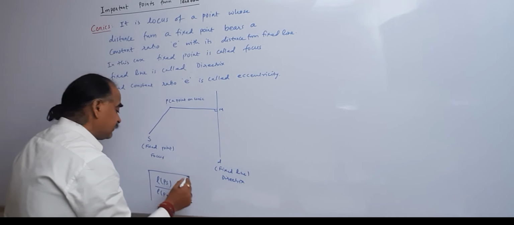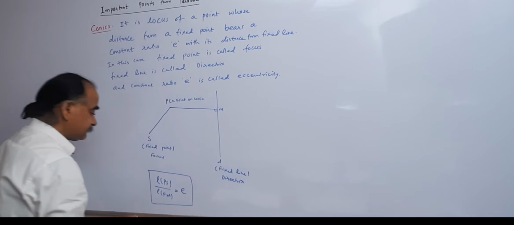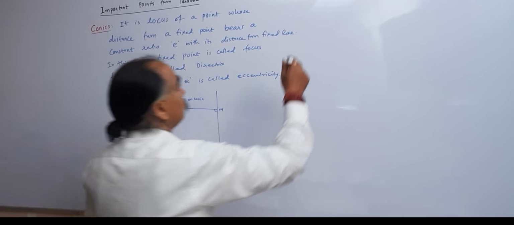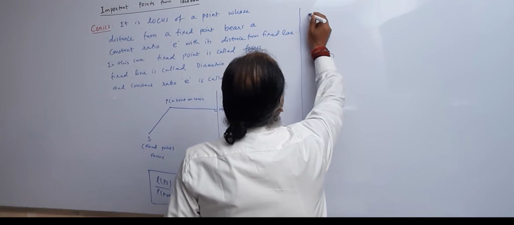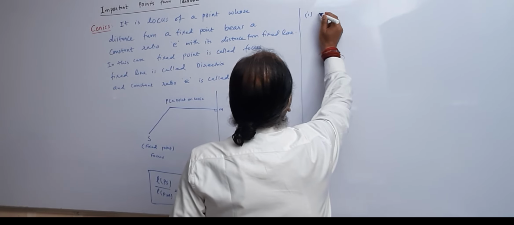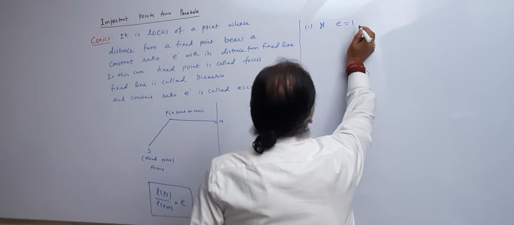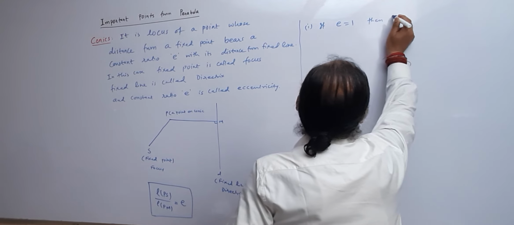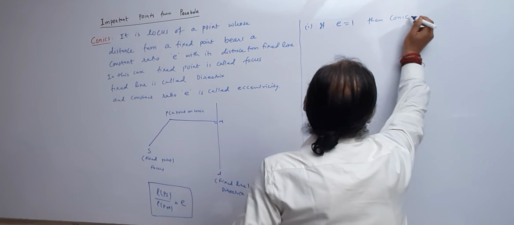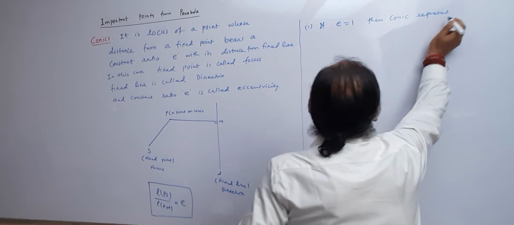Now depending upon this ratio e, we have various types of conics. Number one, if e is equal to 1, then the conic represents a parabola.